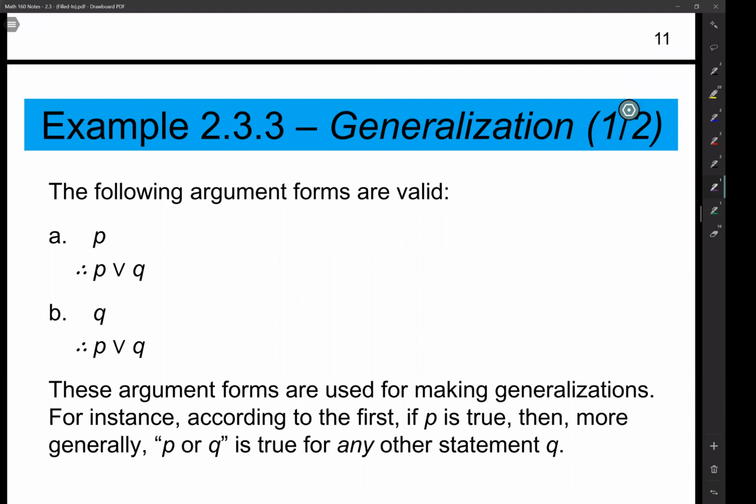This one is called generalization. If I have P, therefore I can say P or Q. This kind of makes sense because it's like saying, I'm Scott. Therefore I can say I'm Scott or Jay-Z.